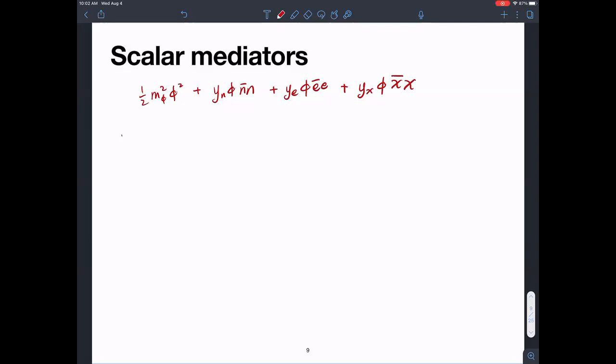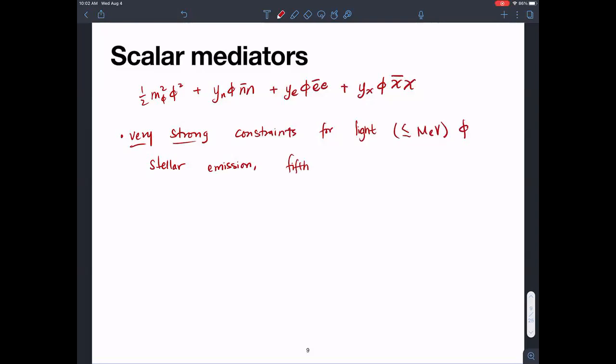In this case, there are very strong constraints on the scalar mediator. For light mediators, depending on exactly the mass range but definitely below an MeV, that's going to come from stellar emission and fifth force searches, for instance.